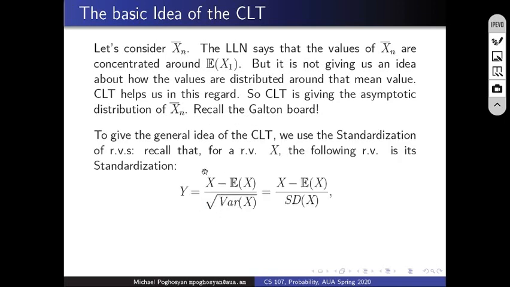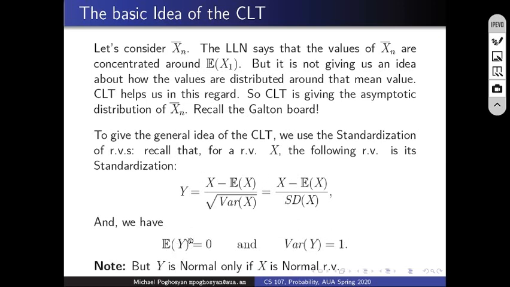So we will use the standardization idea. I'm just recalling what the standardization of a random variable is. Say we have a random variable X; then X minus the expected value of X over the standard deviation of X, or the square root of the variance. I'm usually using the square root of the variance, but this is called the standardization of X. And we have two properties. The expected value of Y is 0 and the variance of Y is 1.